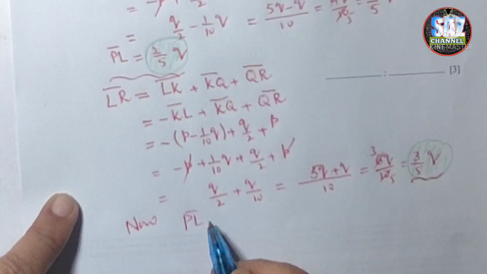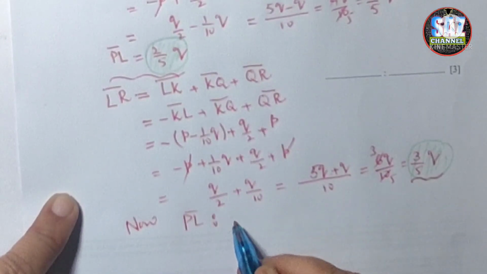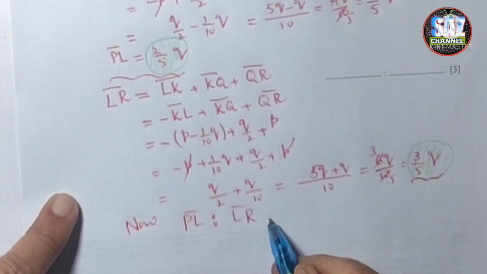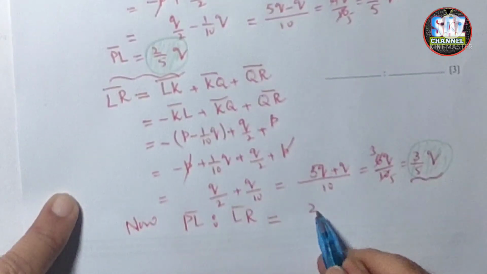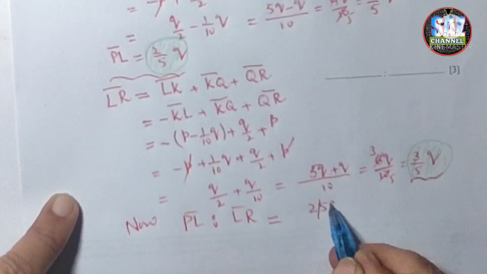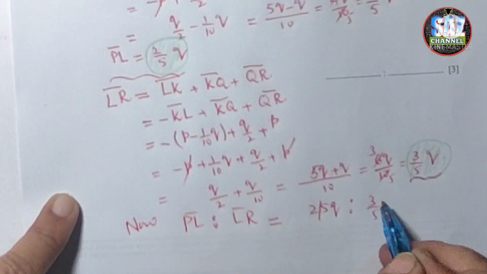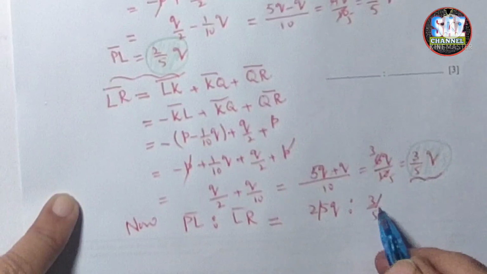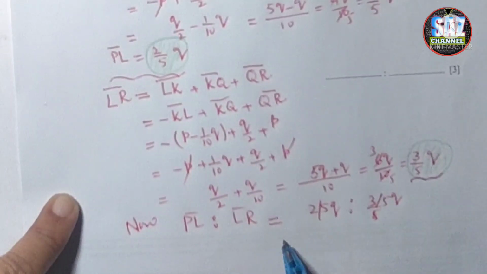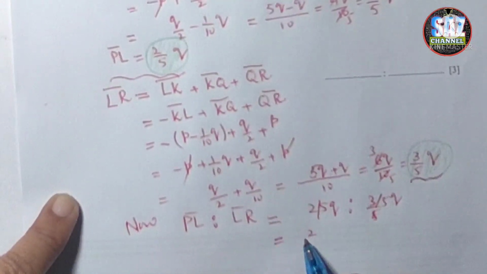Now we have to find the ratio of these two components. The PL to LR ratio equals 2 by 5Q to 3 by 5Q. So look, 2 by 5Q upon 3 by 5Q.